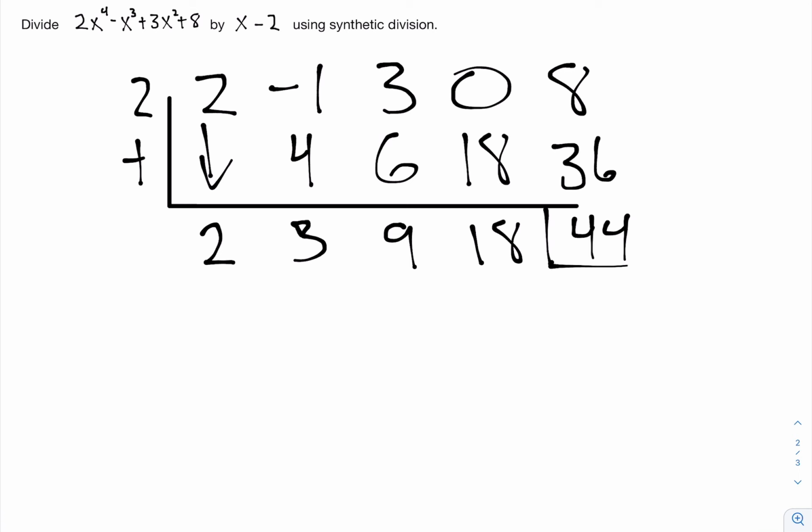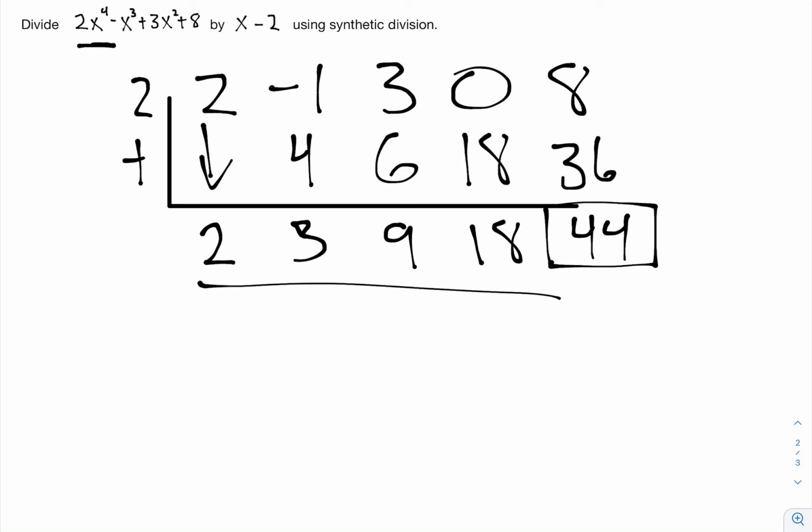So our remainder is 44, right? The number to the right side of our final, like if we were to draw a bar separating them, our last number is the remainder, and then the 4 to the left of it in this case are our coefficients. Okay, so 18 is our constant, right? 9 is our linear term, so our x. 3 is our quadratic term, so our x squared, and in this case, there's a 2 there, going to be 2x cubed, because we're taking x to the fourth, and we're dividing it by a first degree polynomial.